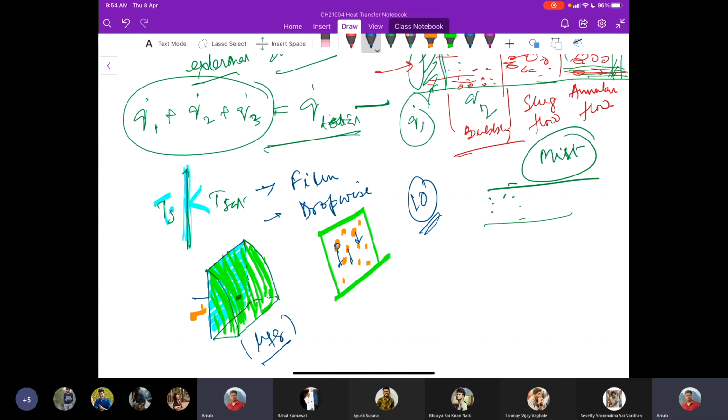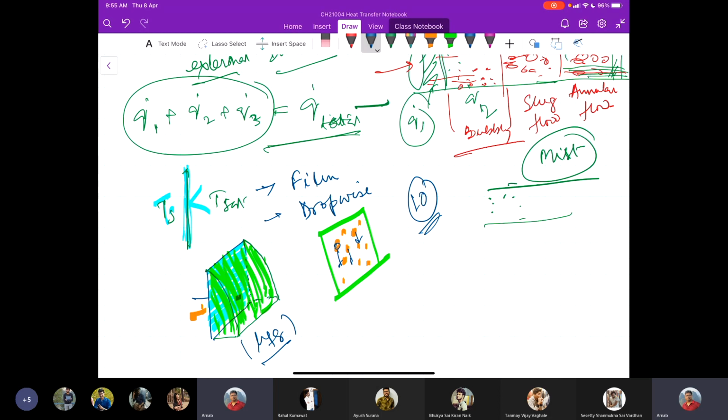And that is why you see when we try to have our car windshield and side glasses, everything, we try to coat it with a coating so that this film-wise condensation doesn't happen.